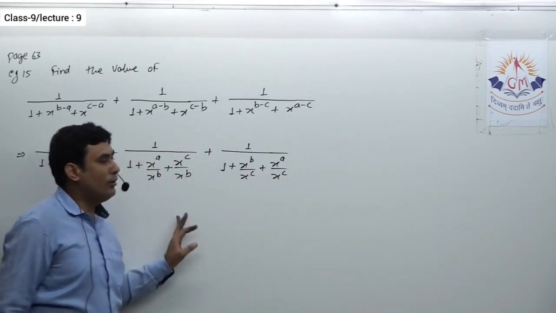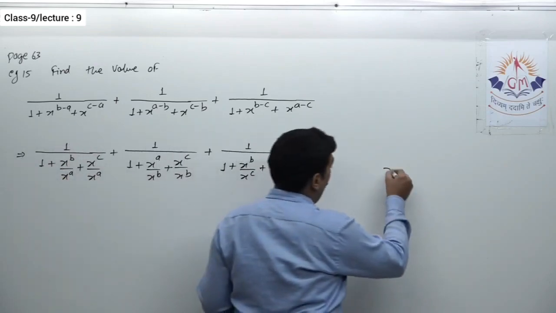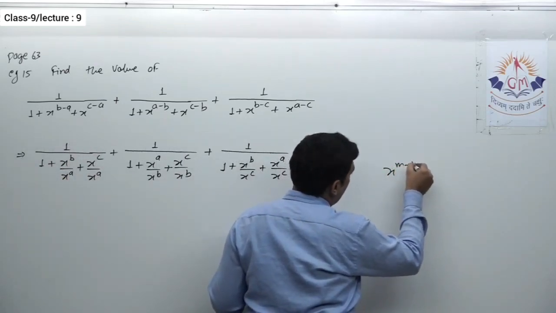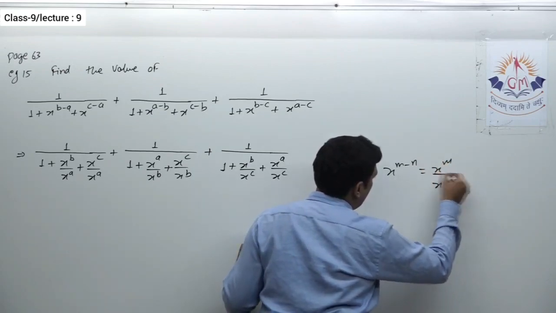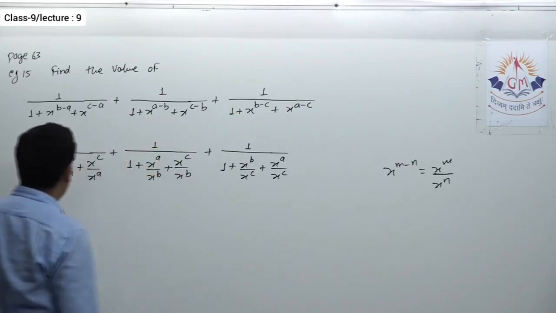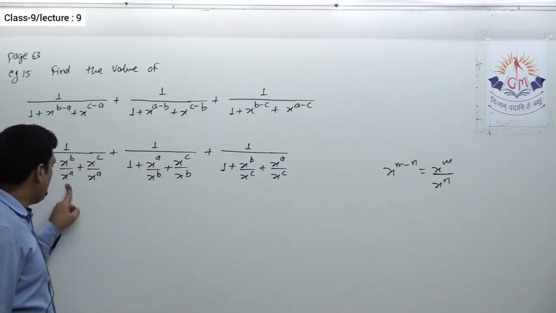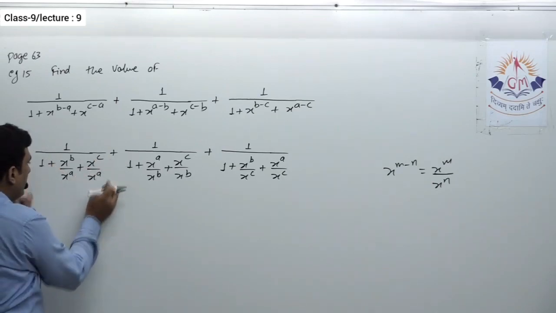Here, throughout these three terms I applied a single law, and the law was, writing in the reverse direction, x raised to m minus n is equal to x raised to m upon x raised to n. Now you can see the denominators are the same. Let me explain, I am talking only about the denominator.